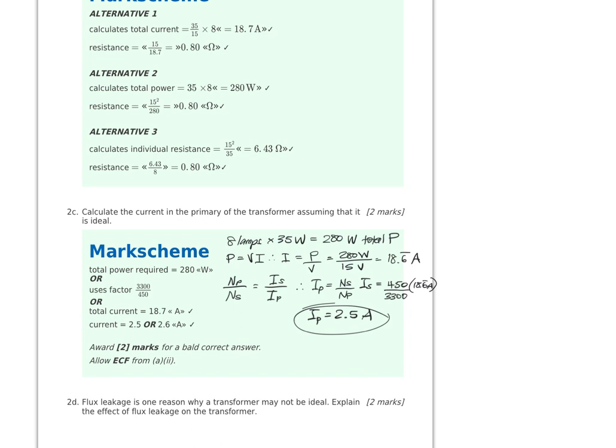But the total power, there are 8 lamps of 35 watts apiece, and so it's 280 watts total power. Therefore, the current is 18.6 amps and change. Once we know that, that's the current in the secondary. I know the ratio of the coils, 3,300 to 450, and I can solve for the current in the primary, which winds up being 2.5 amps, which agrees with the mark scheme. So there we go.